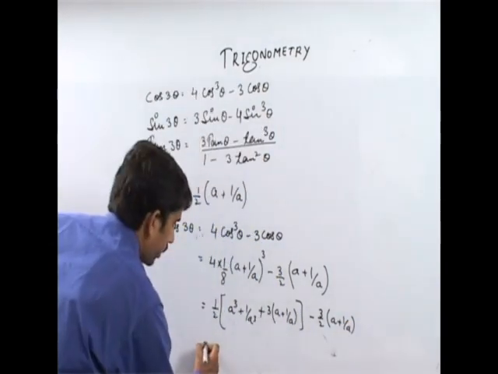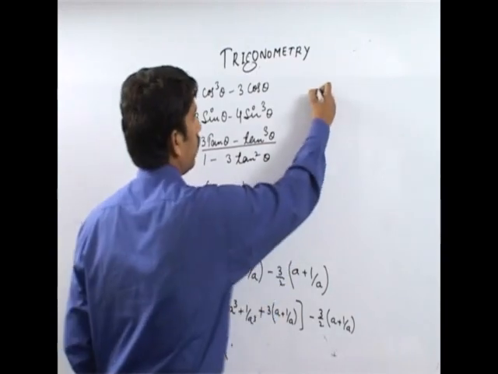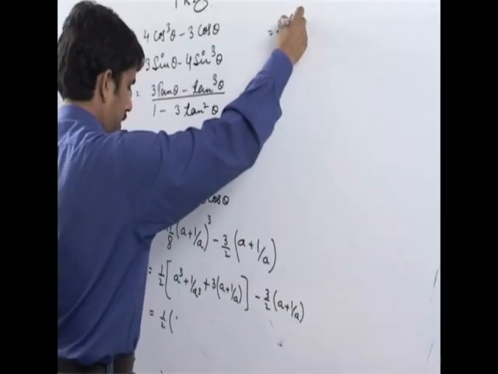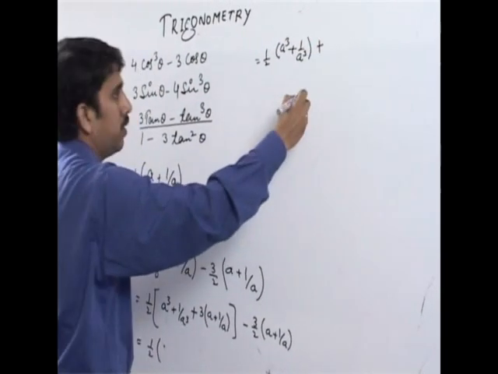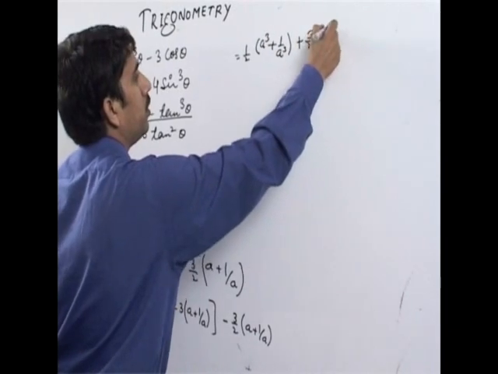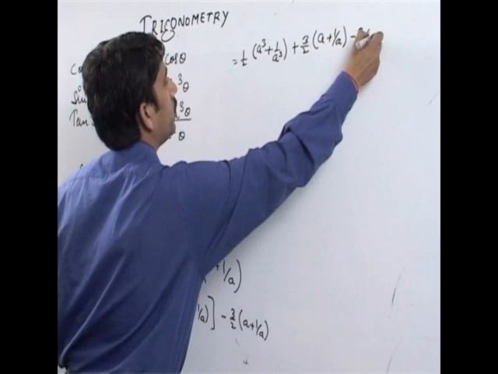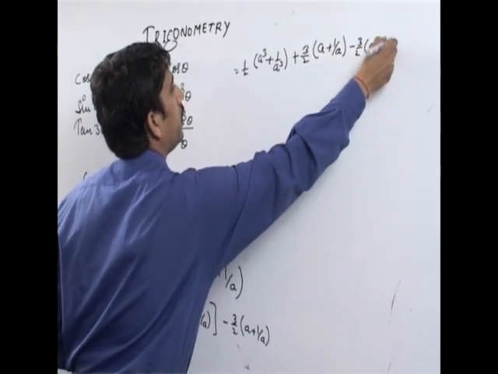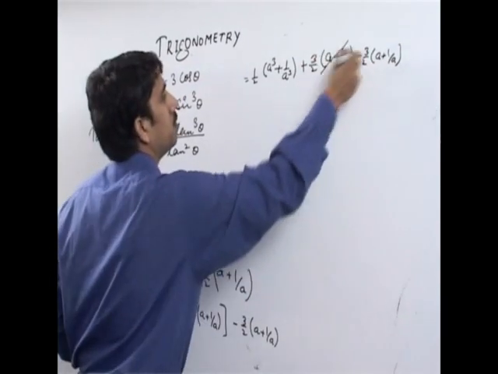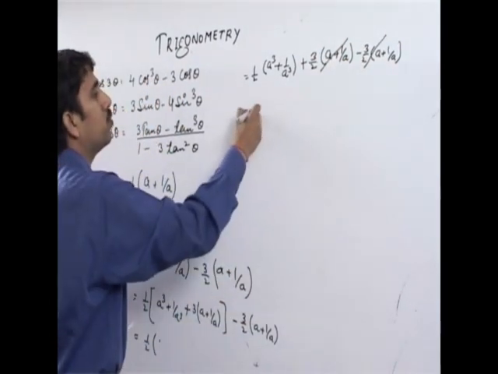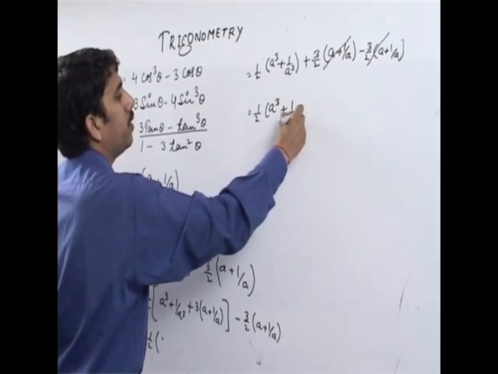Now open the bracket, you will get 1 by 2 a cube plus 1 by a cube plus 3 by 2 a plus 1 by a minus 3 by 2 a plus 1 by a. Now these two terms will be cancelled out. This is equal to 1 by 2 a cube plus 1 by a cube.